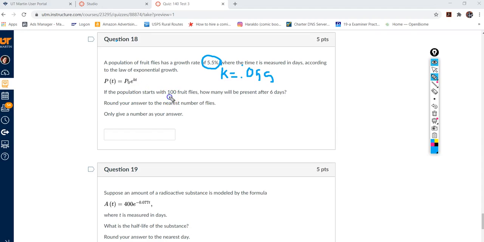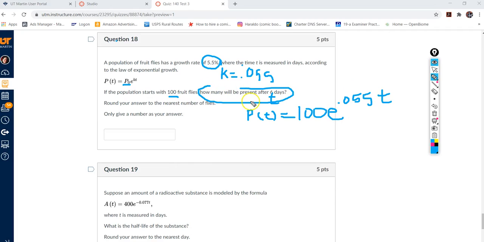Okay, the population starts with 100, so P of naught is 100. And how many flies will be present after 6 days? So we have as our formula here, P of T is equal to your starting amount, which is 100, times e to the power of K, which is 0.055, times T. Now, we've been asked how many will be present after 6 days. That means you find the amount when T is equal to 6.